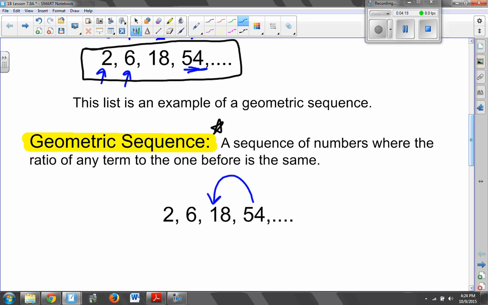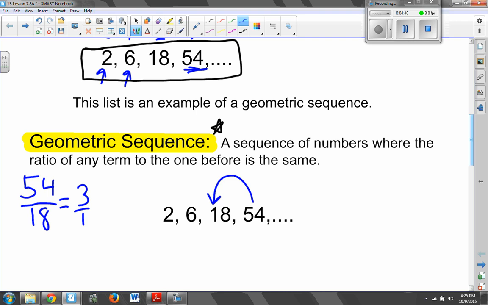If I make those into a ratio, 54 over 18, this is really a division problem, and I can do 54 divided by 18, and I should get 3, or 3 over 1, because I divide both by 18.